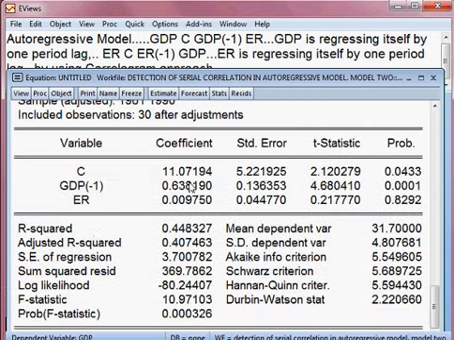Then we talk about R square. R square is only 44.83%, meaning that the data is not nicely fitted because R squared is very small. It is less than 60%. So the model is not nicely fitted.